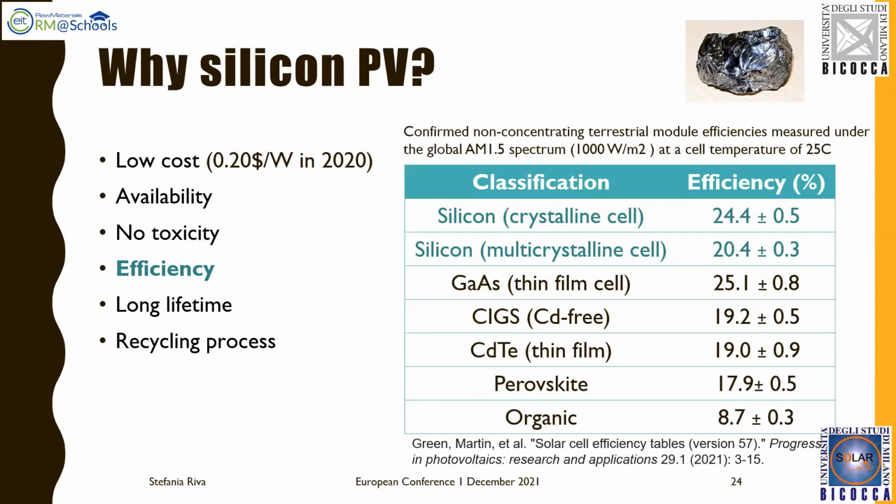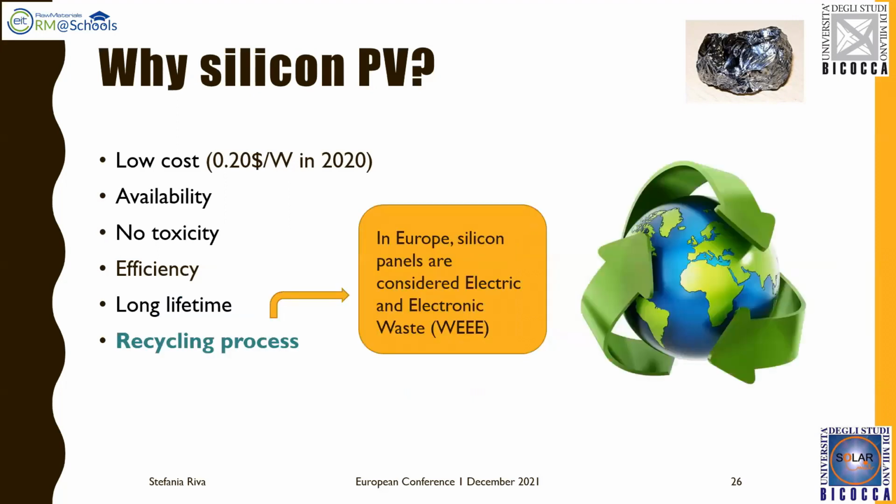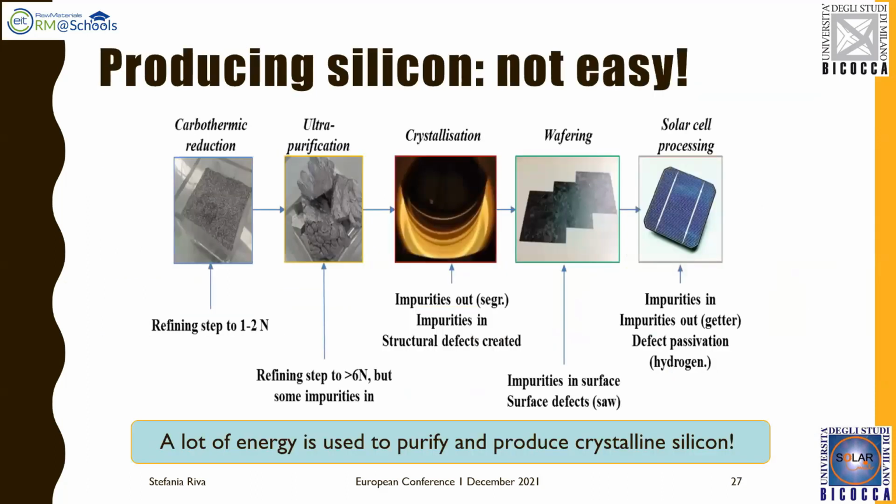The solar cells in the silicon panels have a good efficiency. They also have a long lifetime, because they can work for at least 25 to 30 years. And recycling processes have been developed, so there are also recycling processes right now.